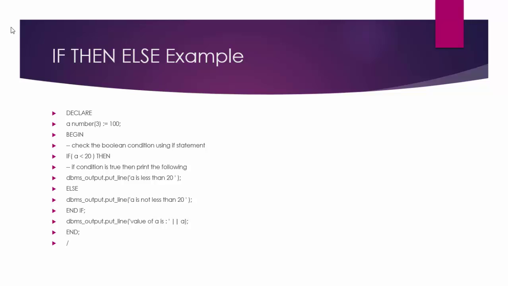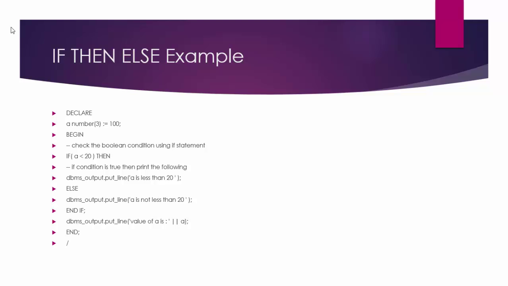So the if part will not be executed and it will go into the else part. In the else part, it will see dbms_output.put_line a is not less than 20. So which part of the dbms_output line will be printed? A is less than 20 or a is not less than 20?